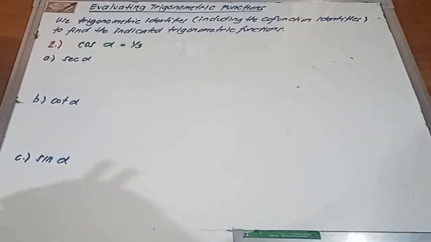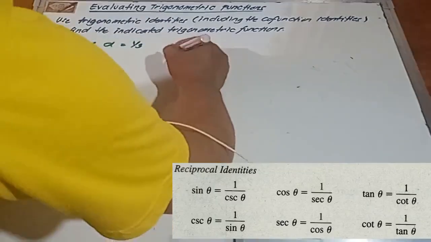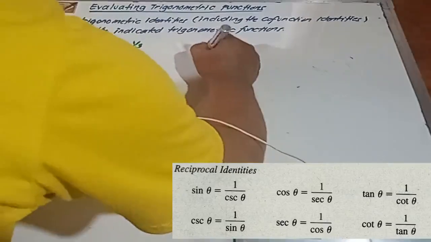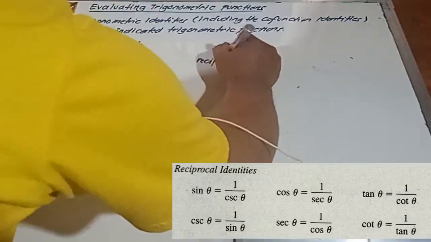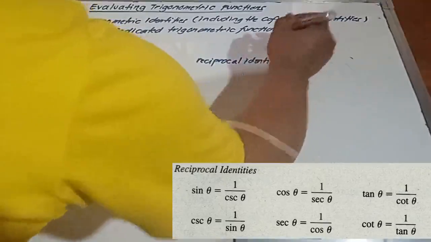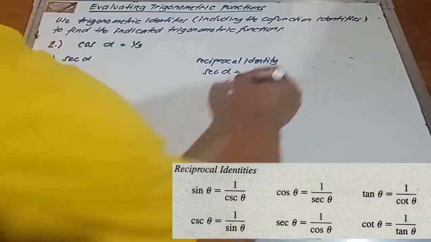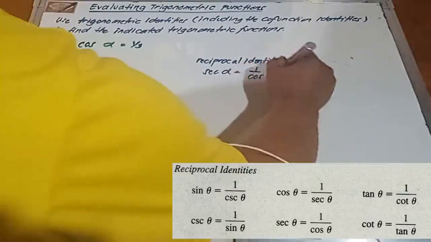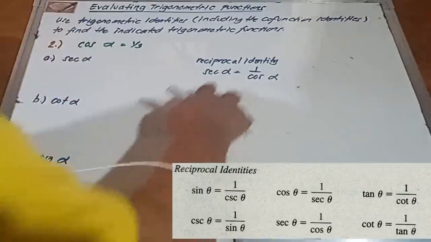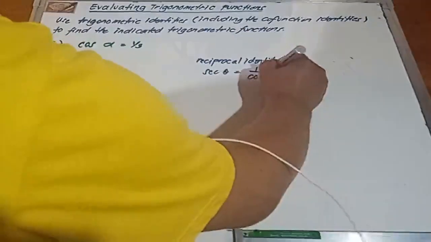Okay? For secant, paano natin makukuha yun? Alam natin, ang reciprocal ng cosine ay secant. So, reciprocal identity ang gagamitin natin. Ano yun? So, secant alpha is equal to 1 over cosine alpha. Ang given lang natin, angle alpha.